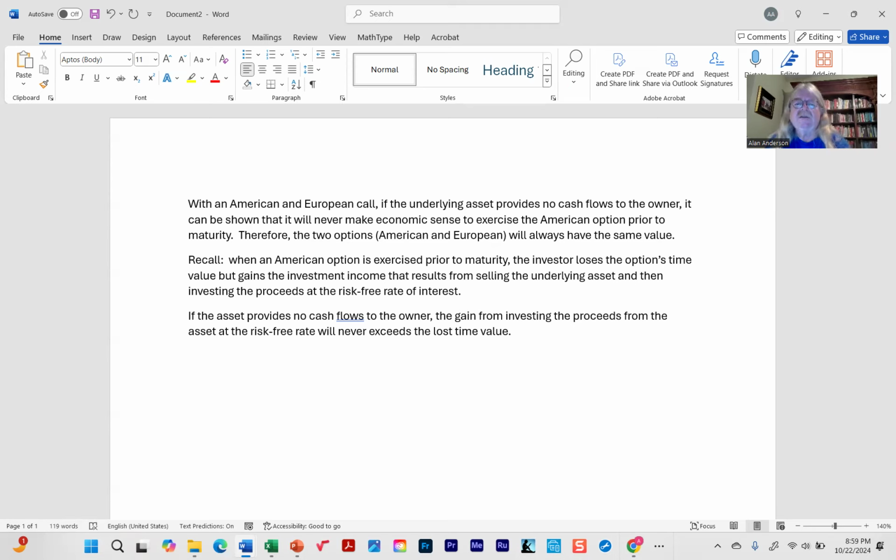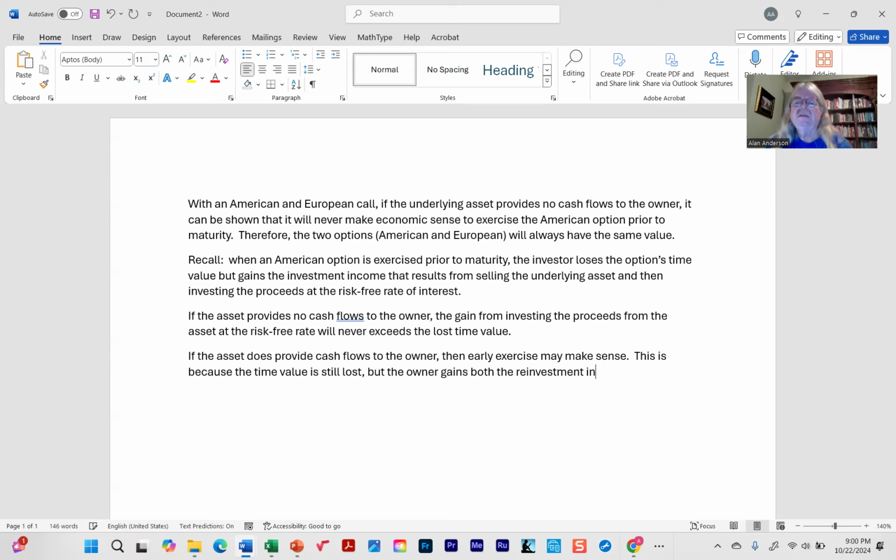But, okay, so here we go. Here's the big but. If the asset does provide cash flows to the owner, then early exercise may make sense. And now here's why, because the time value is still lost, but the owner gains both the reinvestment income and the cash flow from the underlying asset.